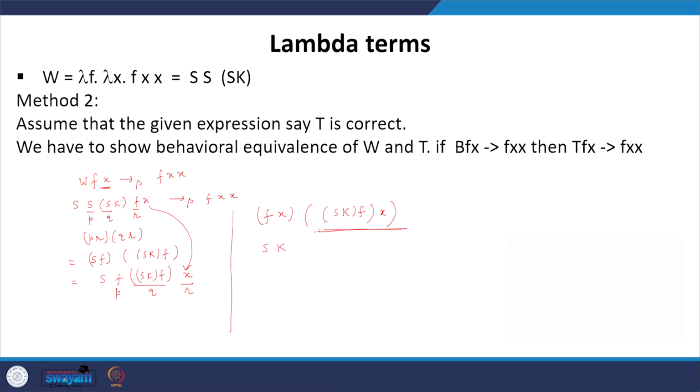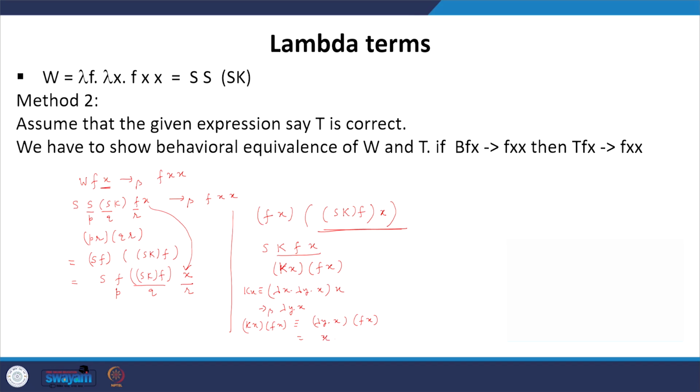We can write SK then fx. Again there are 3 terms. So, it will be Kx and fx. Now, what is Kx? We have studied Kx will be lambda x dot lambda y dot x. That beta reduces to lambda y dot x. Now, Kx on fx, that is lambda y dot x fx. Y does not occur here.